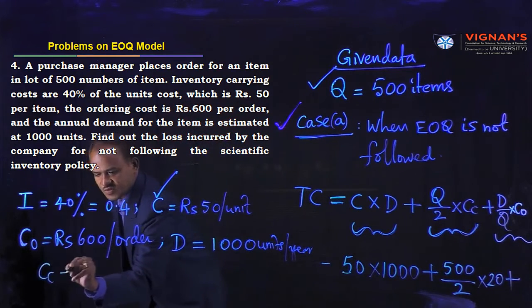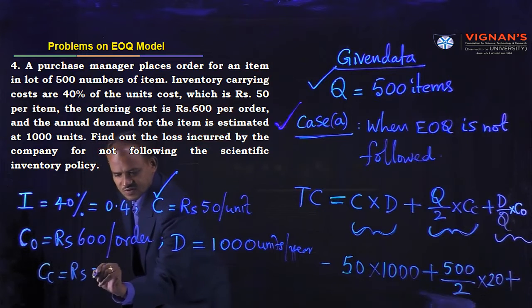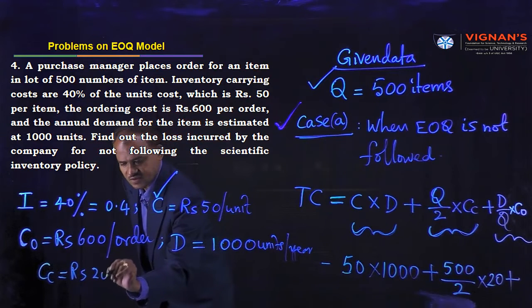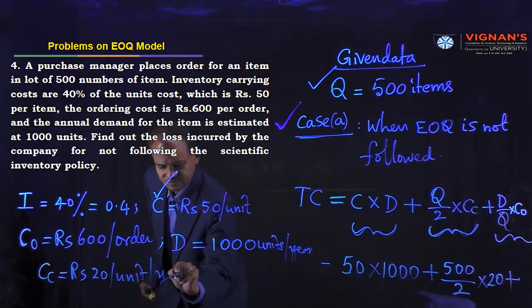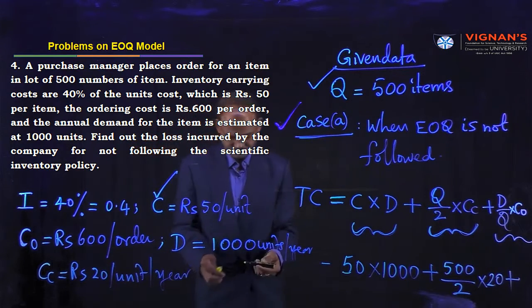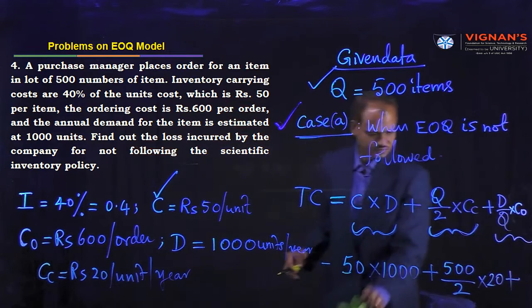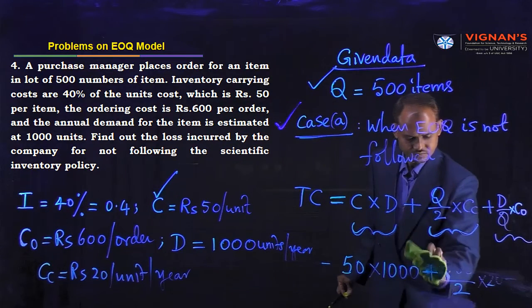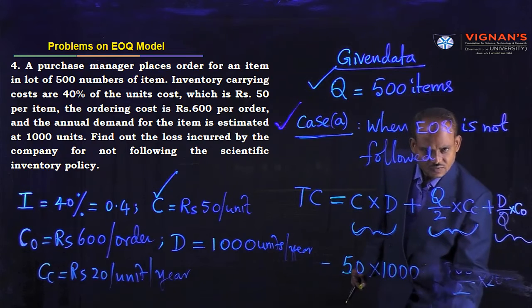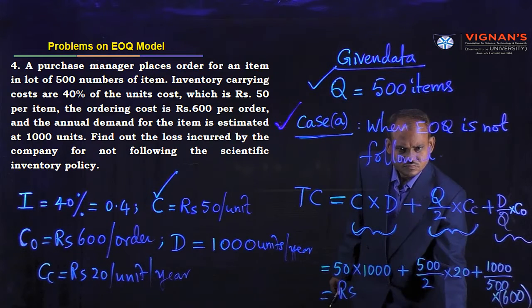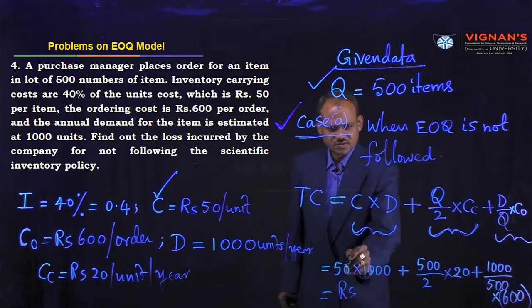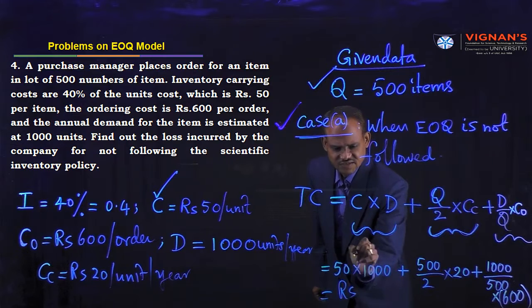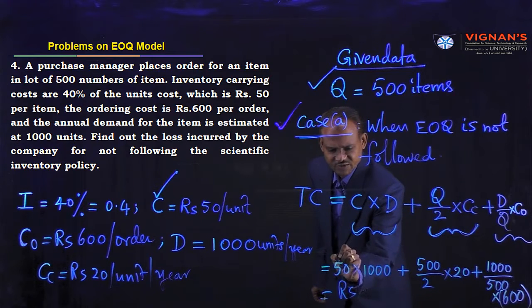CC is equal to 20 rupees per unit per year. So C is equal to 50 rupees.